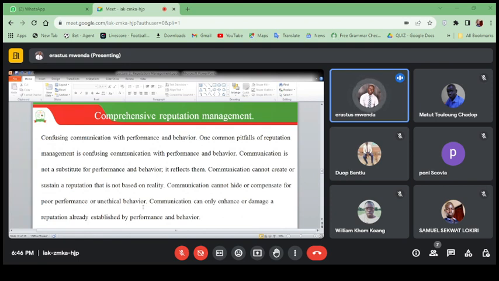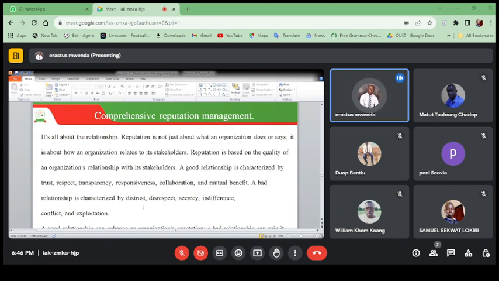This is a slide that is going ahead to clarify matters of comprehensive reputation. We are saying it's not just all about what the organization does and says. It is also very important for the organization to know reputation is also about how it relates with its stakeholders. So what kind of relationship do you have with your patients?